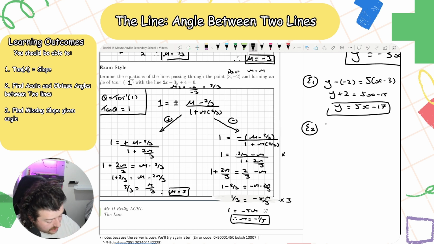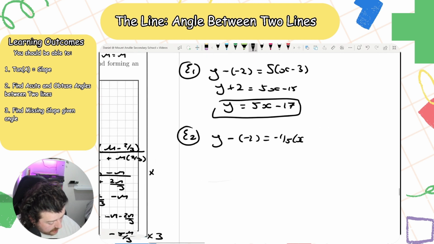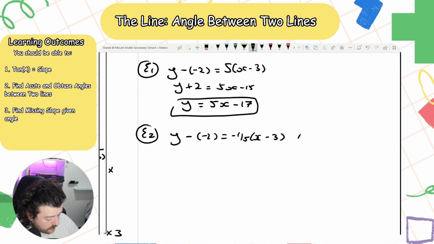And then my second equation of a line is y minus minus 2 equals minus 1/5 times x minus 3. So it's y plus 2 is equal to minus 1/5 times x minus 3.